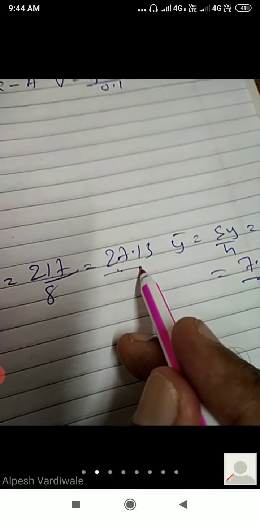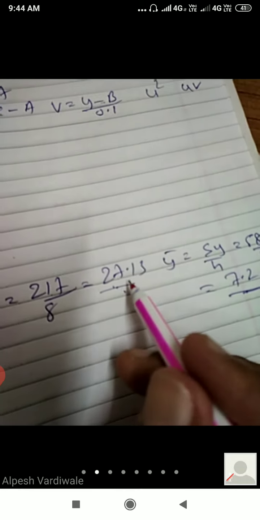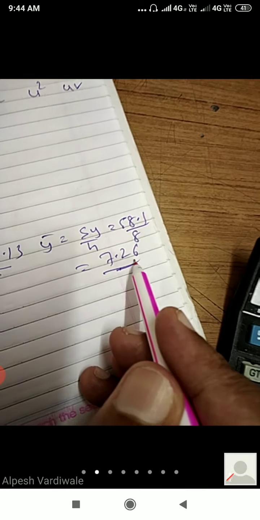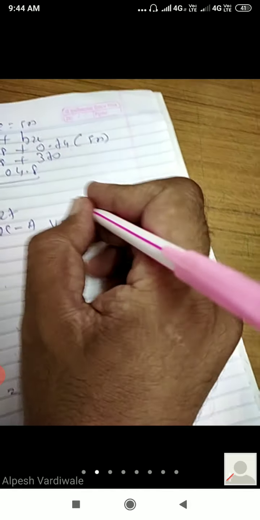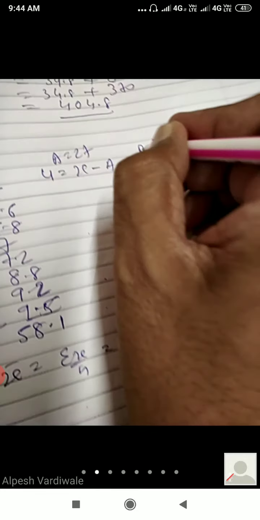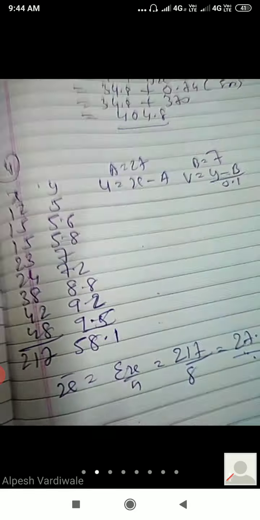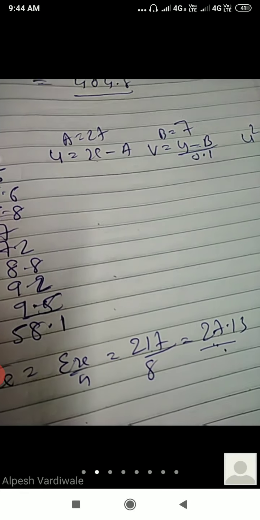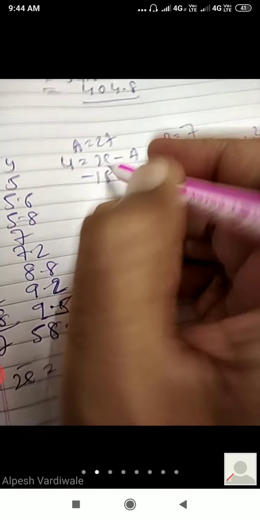So x minus a, where the x value is given and a is 27. 12 minus 27 is minus 15. 15 minus 27 is minus 12. 15 minus 27 is minus 12. 23 minus 27 is minus 4. 24 minus 27 is minus 3. 38 minus 27 is 11. 42 minus 27 is 15. 48 minus 27 is 21.